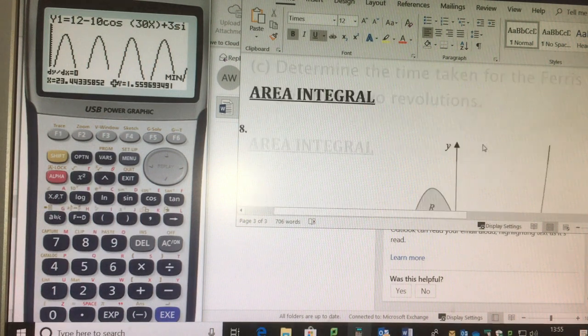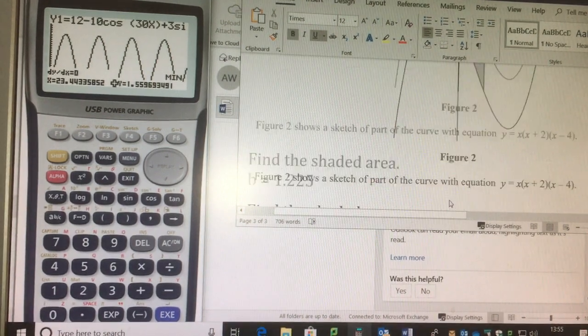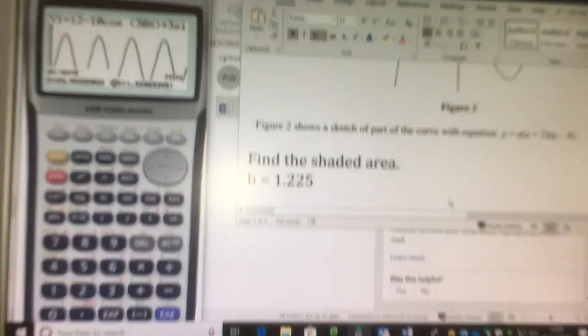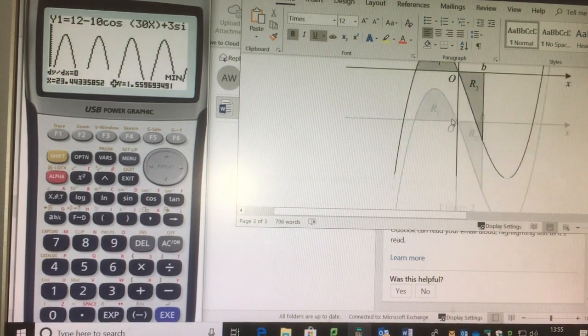Right, last thing I want you guys to try is this area integral. I've done a sketch of an area integral. I've given you the b value of the shaded area. Could you try and find all of that shaded area using the calculators?